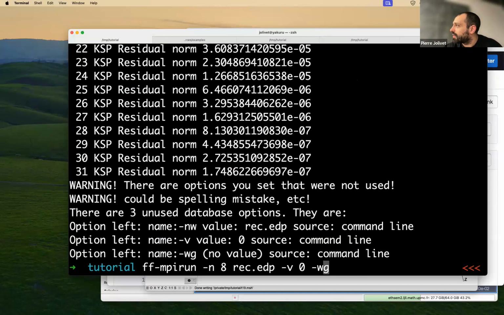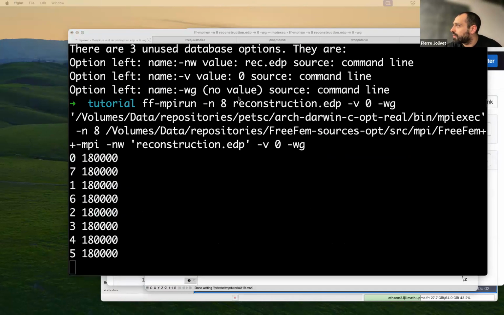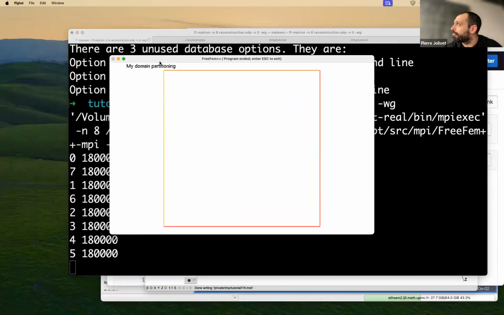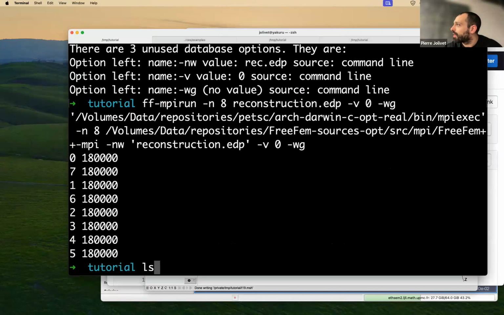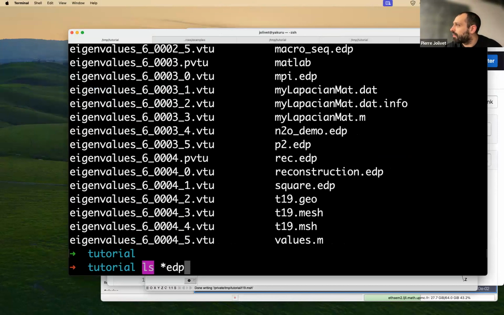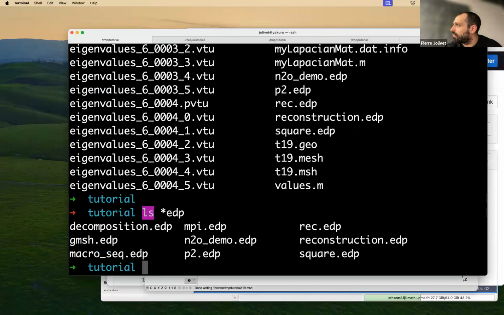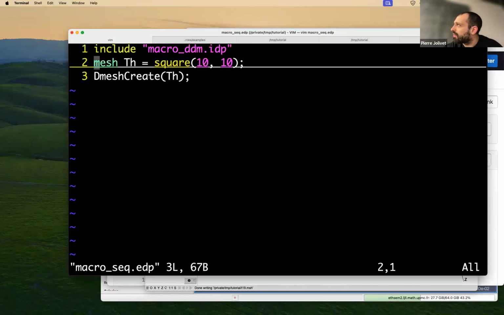Yes. Okay, then there was also reconstruction. And the demo macro sec, what is that? Not very interesting.